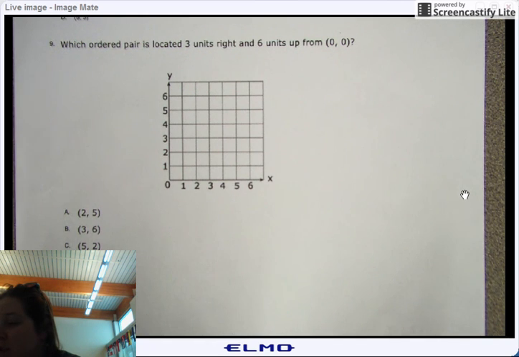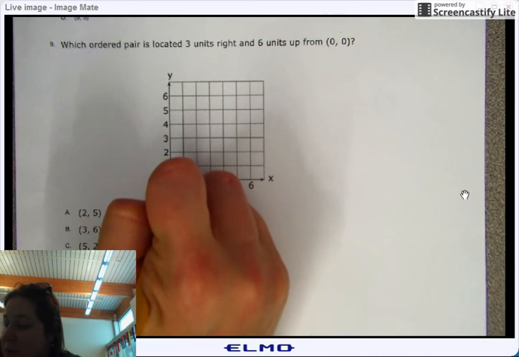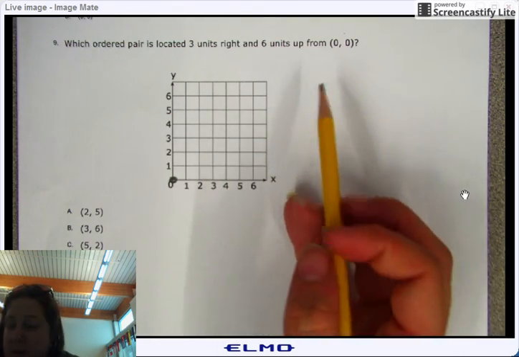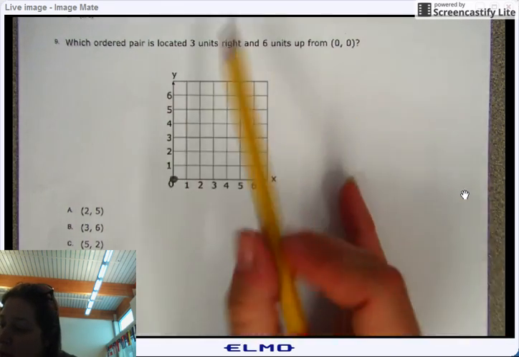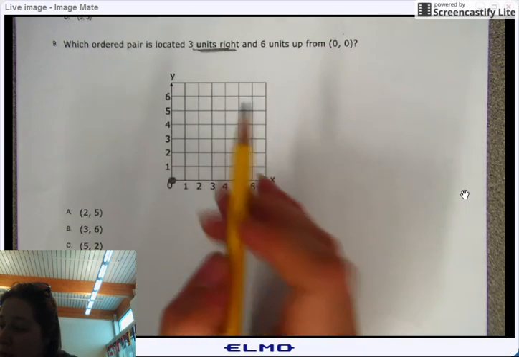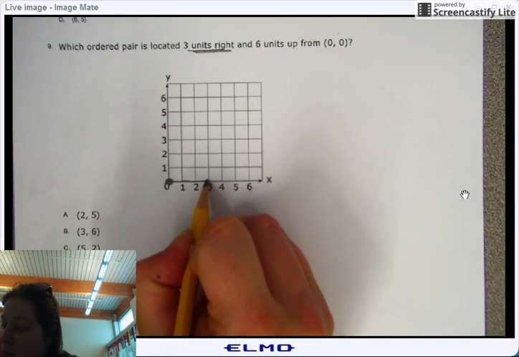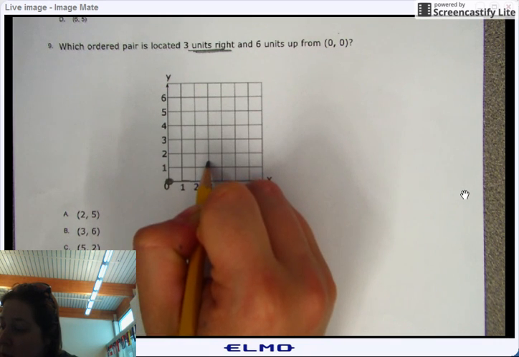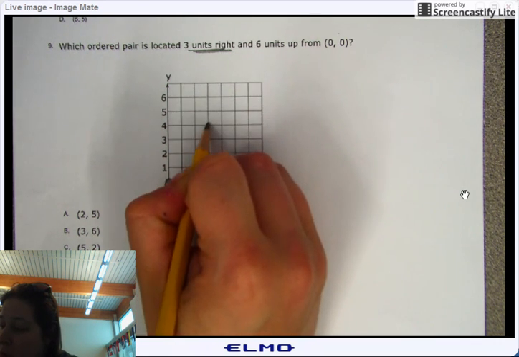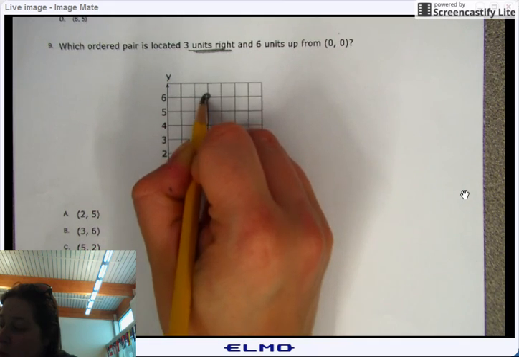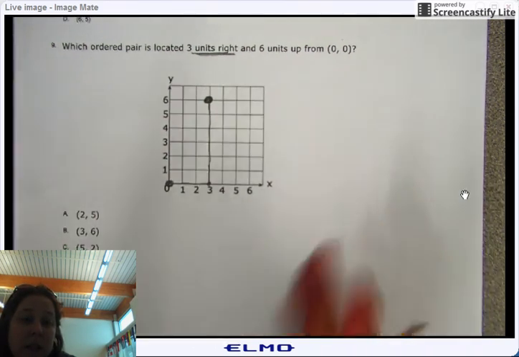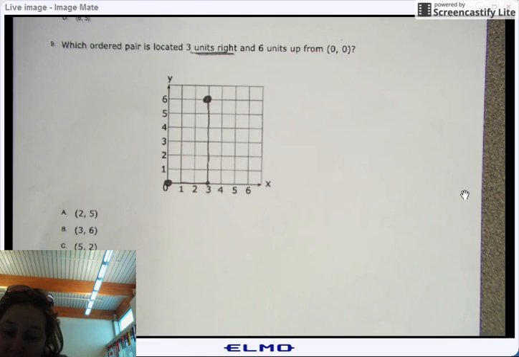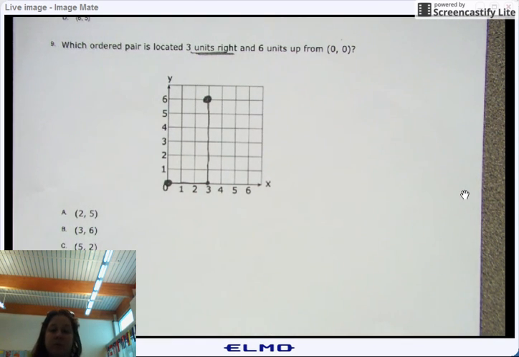Well, the first thing you need to do is write 0, 0 and put a point on 0, 0. 0 over, 0 up. Now you need to go 3 units to the right. 1, 2, 3. And 6 units up. 1, 2, 3, 4, 5, 6. So my new point is here. Take a moment and figure out what the coordinate points are for that one.